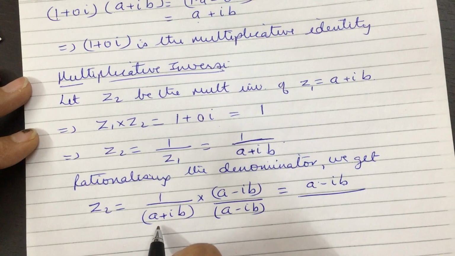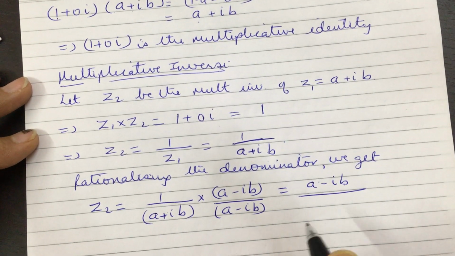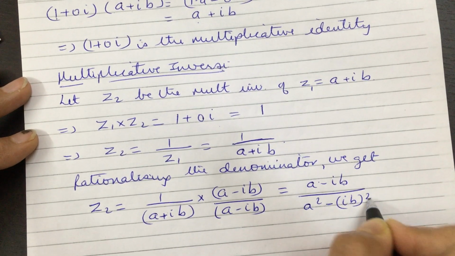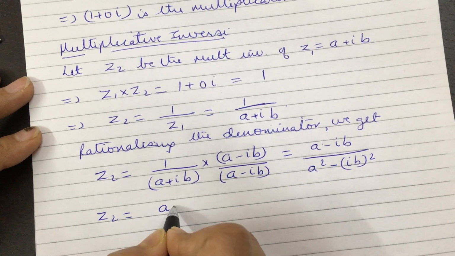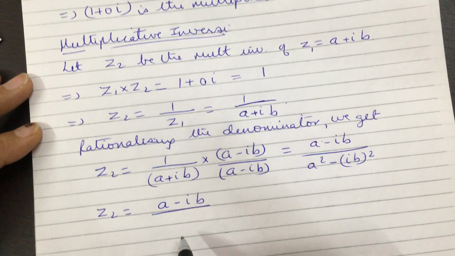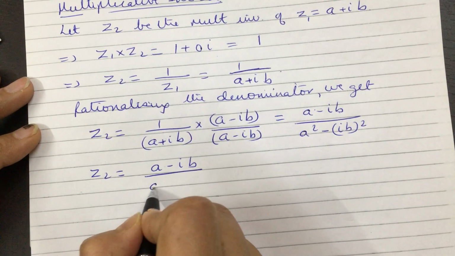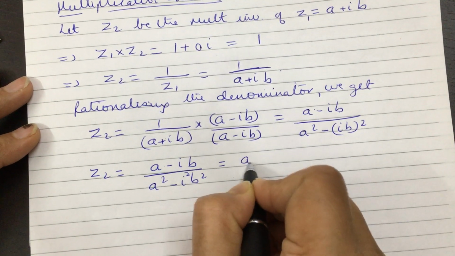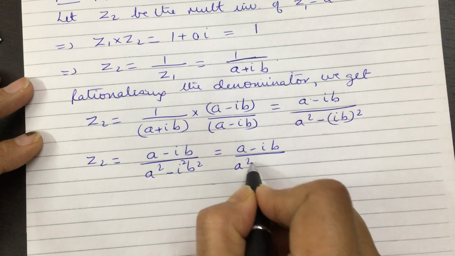Now it's of the form x plus y into x minus y. So x square minus y square. So you get a square minus ib whole square. So Z2 is equal to a minus ib upon a square minus i square b square, which is a minus ib upon a square.